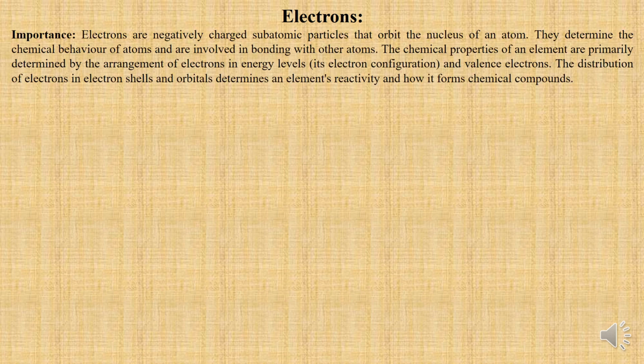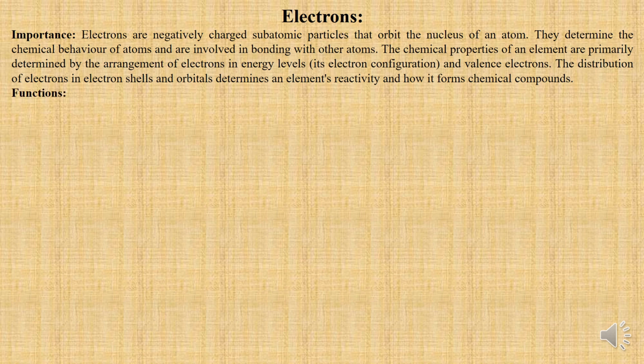Now, moving on to the most important subatomic particle of an atom, that is electron. Electrons are negatively charged subatomic particles that orbit the nucleus of an atom. They determine the chemical behavior of atoms and are involved in bonding with other atoms.